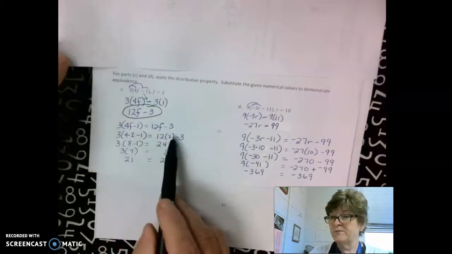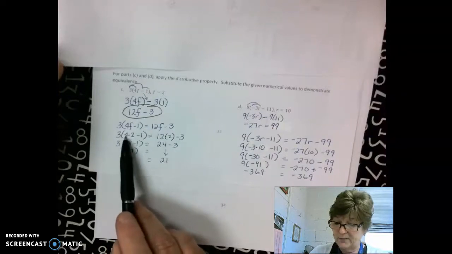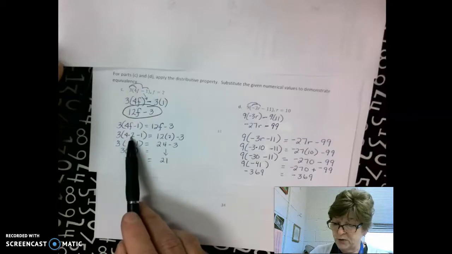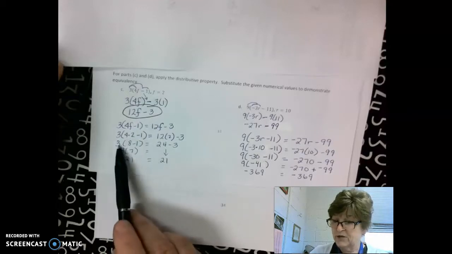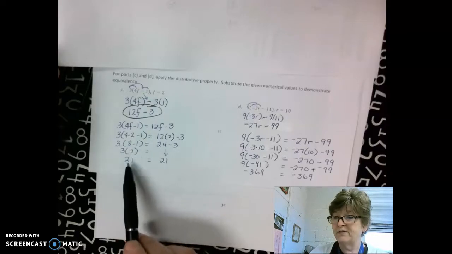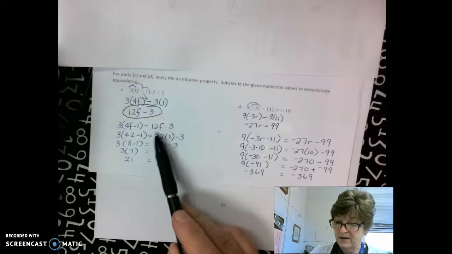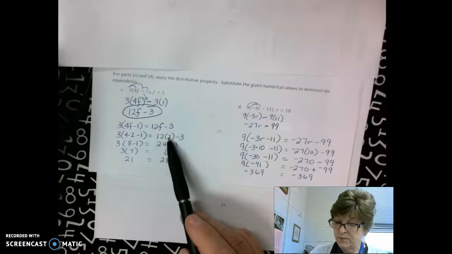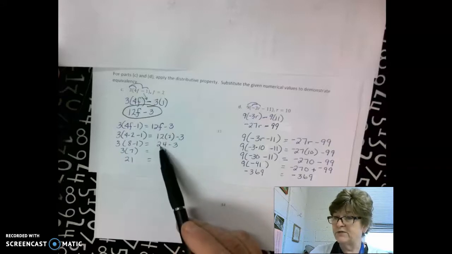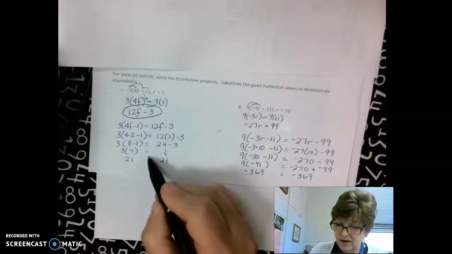So we've rewritten and we have substituted. 3 times 4 times 2 minus 1 is 3 times 8 minus 1, which is 3 times 7, which equals 21. On the other side, we have 12 times 2 minus 3, 24 minus 3, and again 21, proving equivalency.